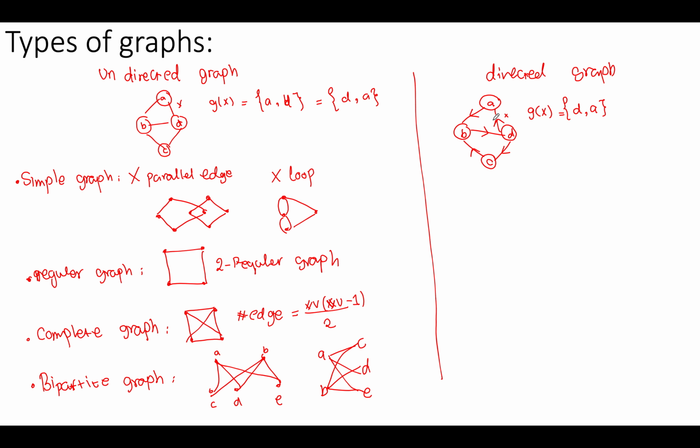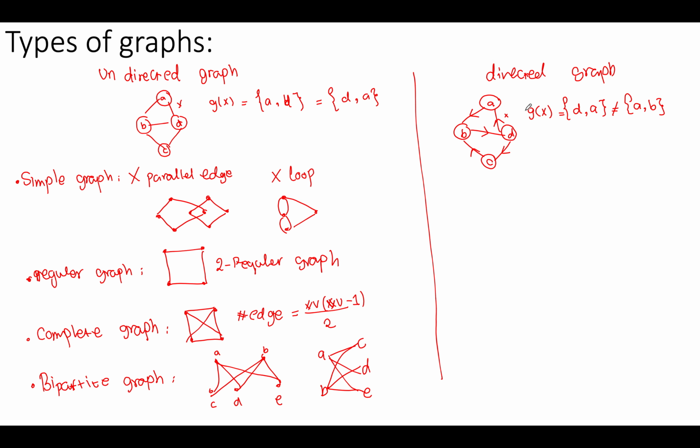Now, if we just swap the places of these two vertices, we will not get the same as what we get in the undirected graph. Changing the places of the vertices means the direction changes, which means it is usually not equal to the opposite one. So in a directed graph, the edges are directed by an arrow, coming out from one vertex to another vertex.